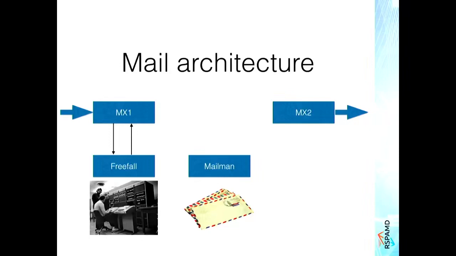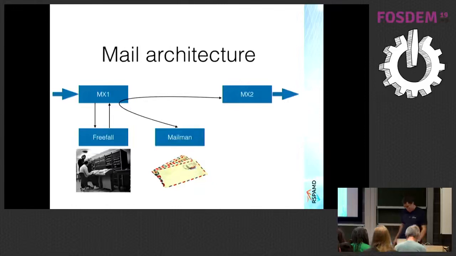So email comes to MX1, and it integrates with freefall to operate with local email. Then we have mailman, which operates via MX1, and MX2 is used for outbound, including outbound spam.